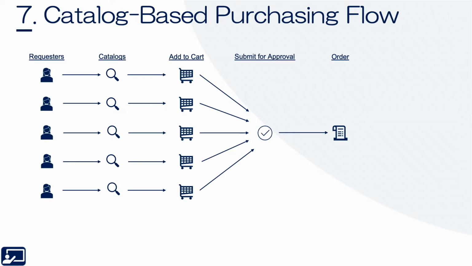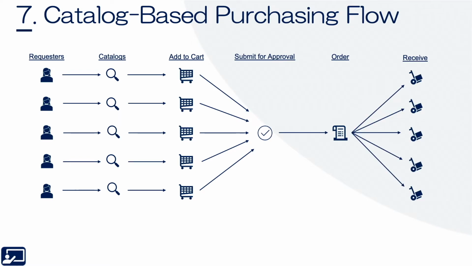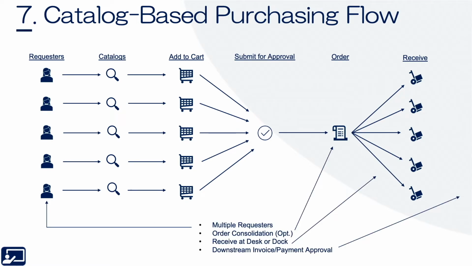Those then get consolidated, this is an optional feature, into one or more purchase orders. Those purchase orders get filled, and then each of those different requesters in this example are doing desktop receiving. Notice multiple requesters, order consolidation, receive at desk or dock, and then downstream invoice and payment.